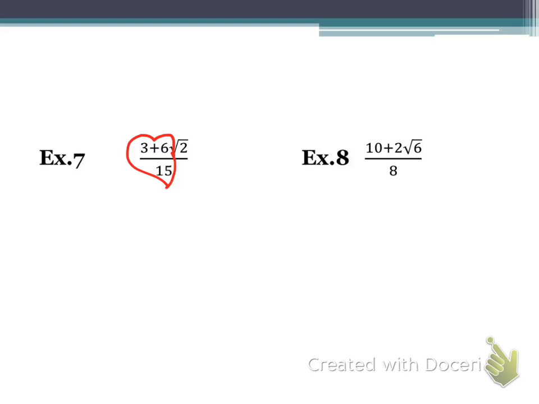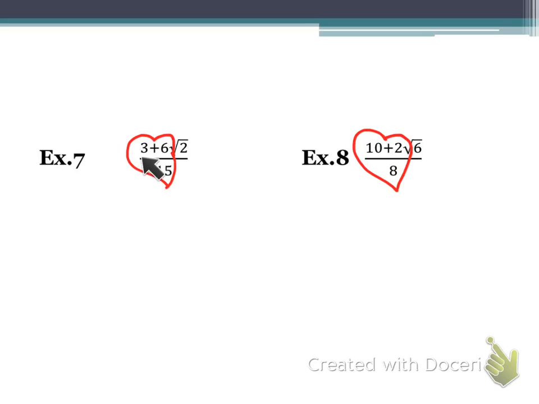I think it works a little better on 8. The spacing's a little bit better. You can kind of draw a little heart around all the numbers that are outside of radicals. Those are the ones that have to be divisible by a common factor in order to simplify. Not just 1 or 2 of them, but all 3 of them. Does that make sense? They've all got to be divisible by the same thing.